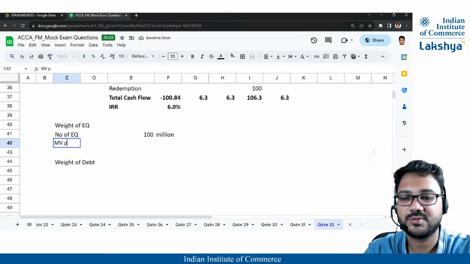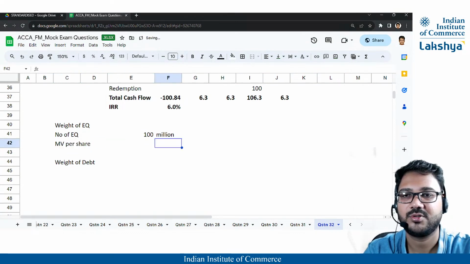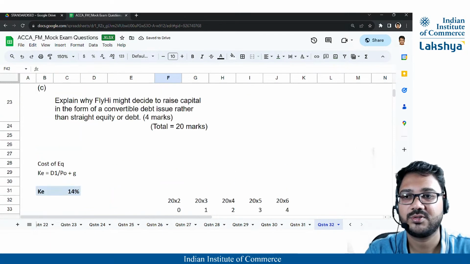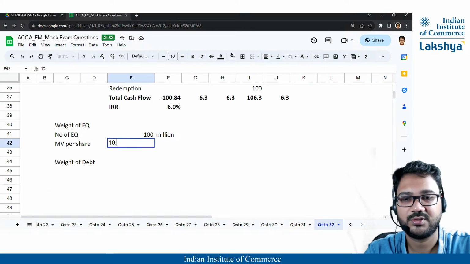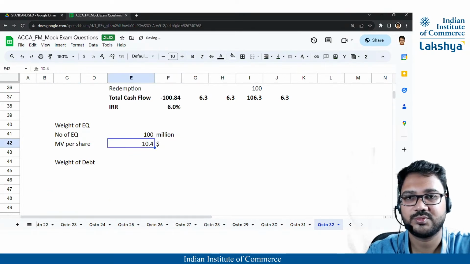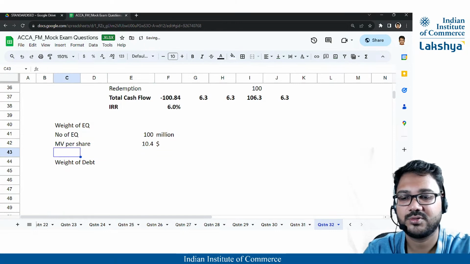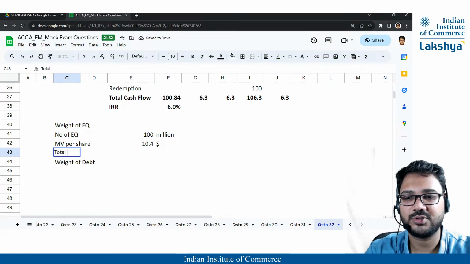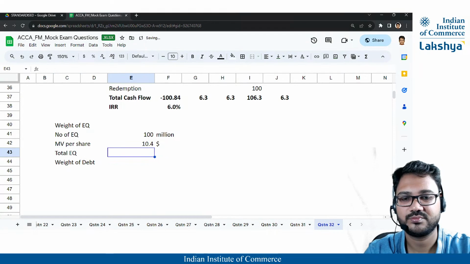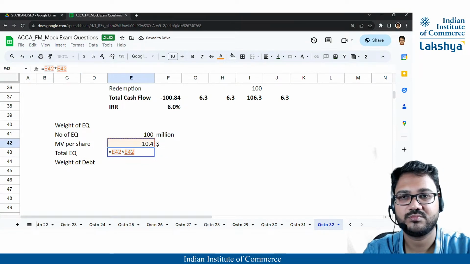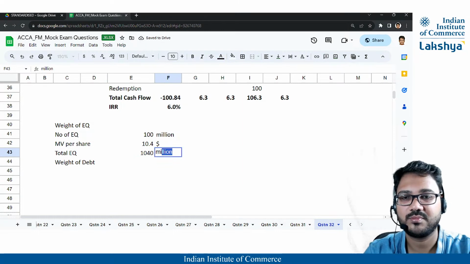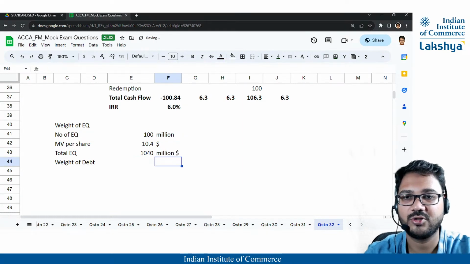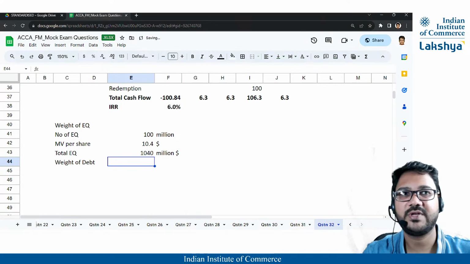Market value per share was the price per share, $10.4. So total equity is $1040 million.